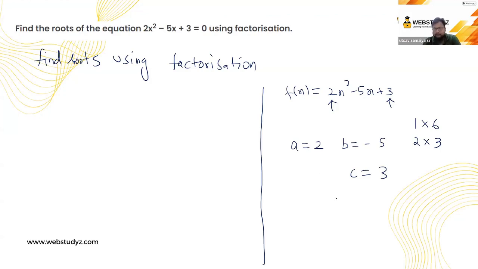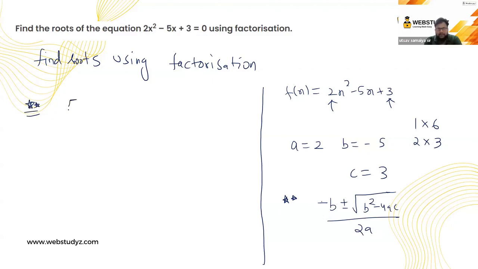Now, we know the formula: minus B plus minus square root of B square minus 4AC upon 2A. Substitute the value here.